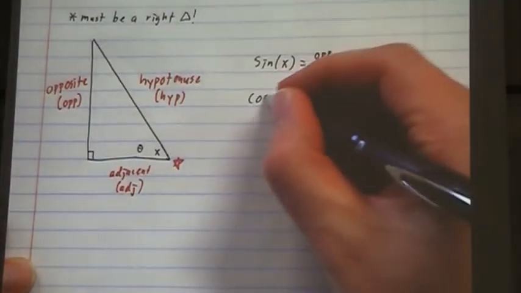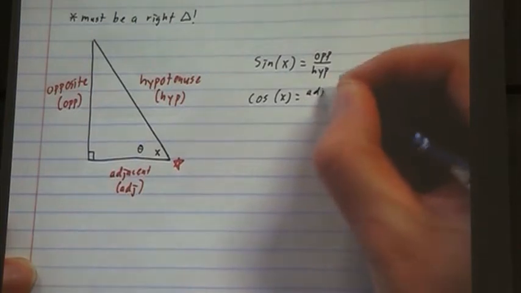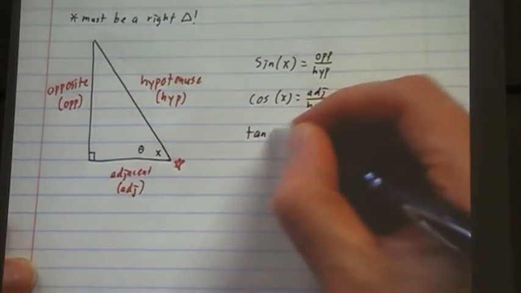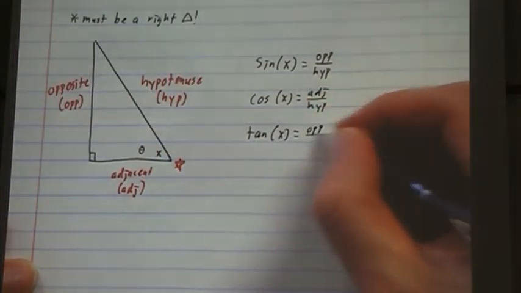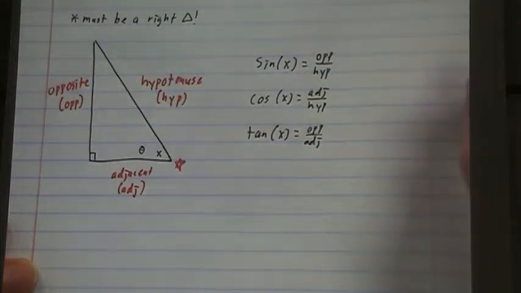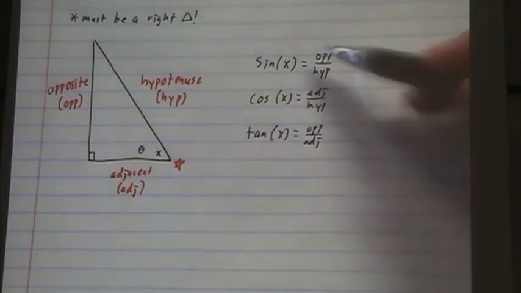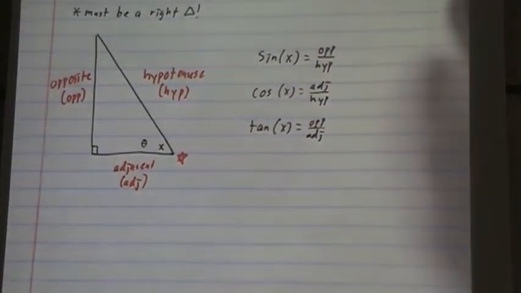The cosine of x equals adjacent side over hypotenuse. And the tangent of x equals opposite over adjacent. This is the stuff that makes up trig right here. If you can remember that, boom, you're good.